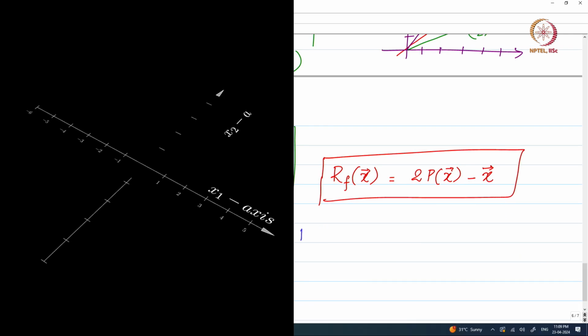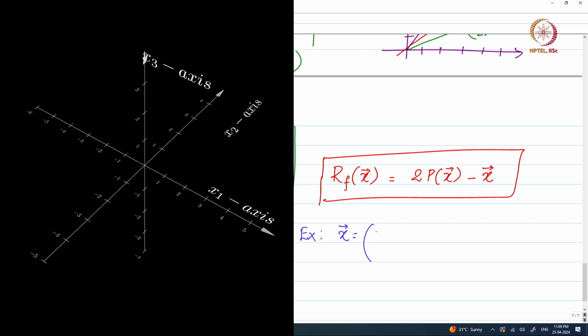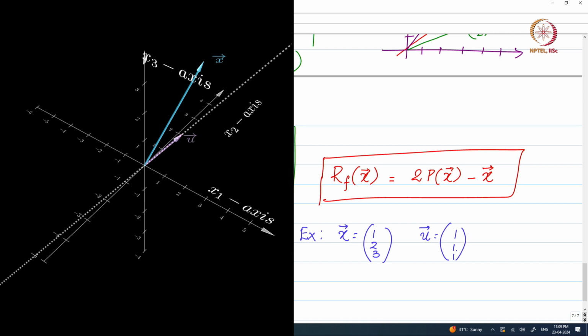We can look at an example. Let us say the vector x is (1, 2, 3), and let us look at the vector u, which is (1, 1, 1). Then we already know how to compute the projection of this vector x along the direction of u.